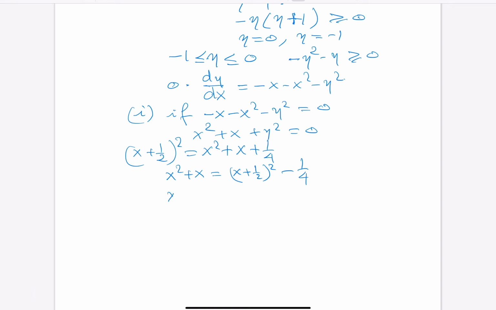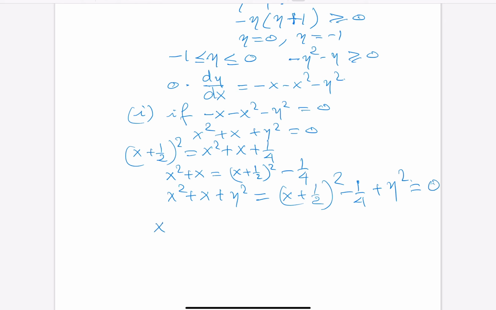You will get x squared plus x plus y squared is equal to (x plus 1/2) squared minus 1/4 plus y squared, and remember this one is equal to 0.